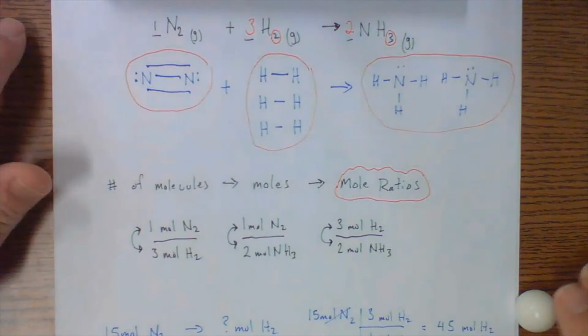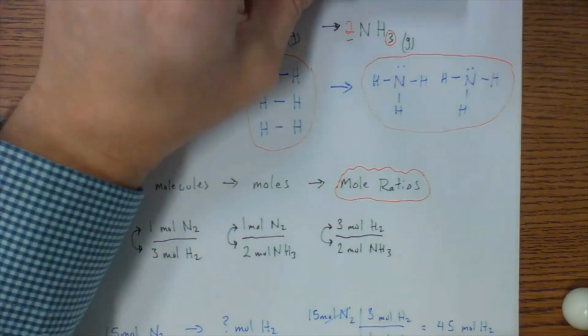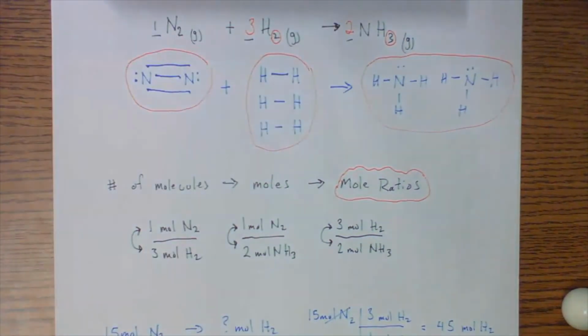Let's see, I think I want to go through one more example, but I wanted to make sure that you get a chance to see a reaction. So we're going to do a quick little cut here to a reaction of some aluminum with some iron 3 oxide.